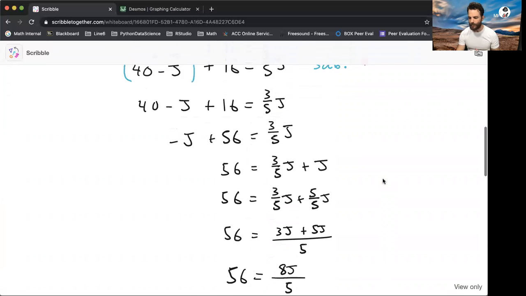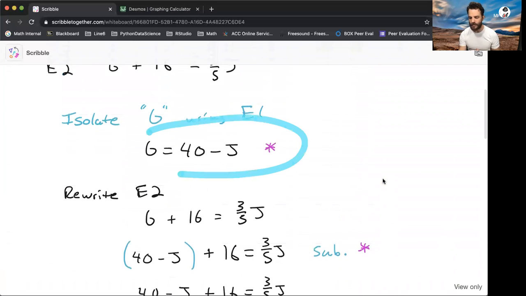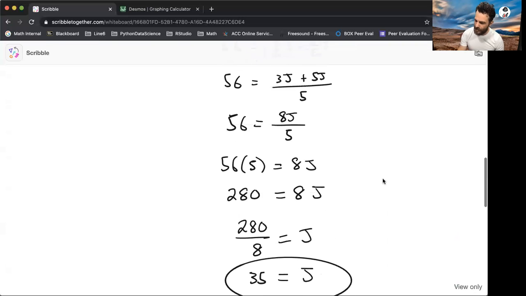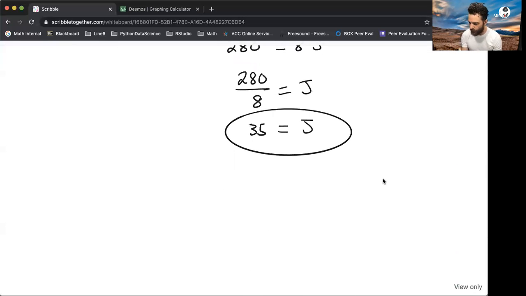Well, that takes us back to our little equation that we starred. Now that we know the number for James, we can plug it into this starred equation and do a resubstitution for that letter J in order to get G. So it's at this last stage here, what we want to do is resub this value, J is equal to 35, into the starred equation.